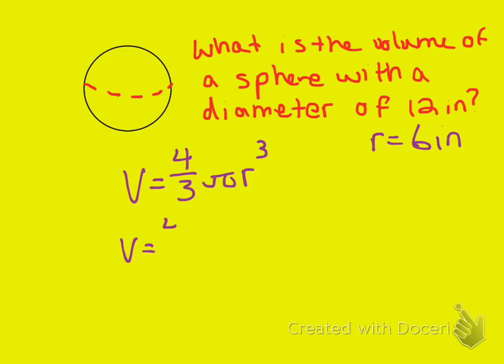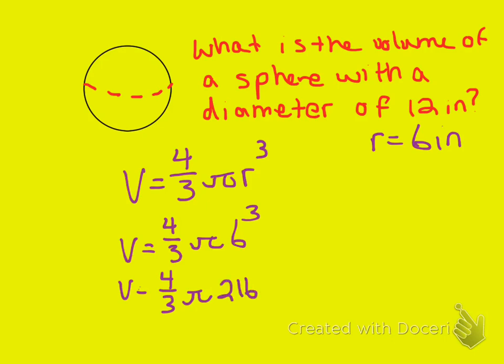So volume equals 4/3 pi, and then 6 cubed. 6 cubed is 216, so I have volume equals 4/3 pi 216.